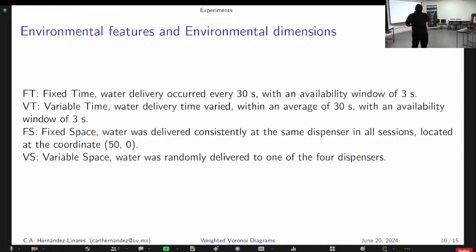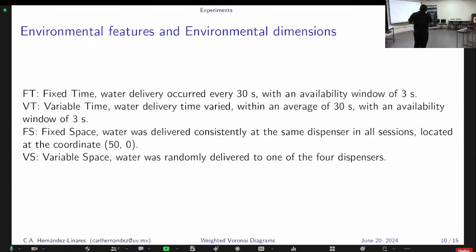In this case, we have the intersection of two environmental features and two environmental dimensions in the experiments. Fixed time means water delivery occurs every 30 seconds with an availability window of 3 seconds.